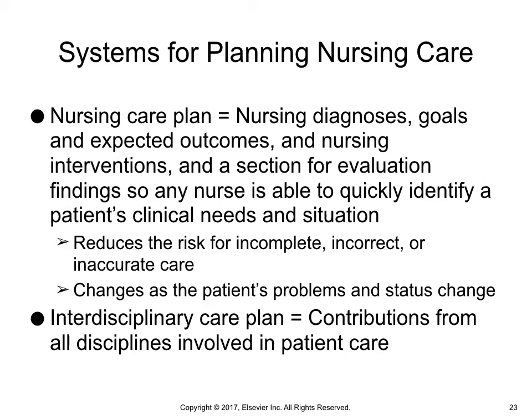The interdisciplinary plan focuses on patient priorities and improves the coordination of all patient therapies and communication among all disciplines. A nursing care plan is a guideline for coordinating nursing care, promoting continuity of care, and listing outcome criteria to be used later in evaluation.